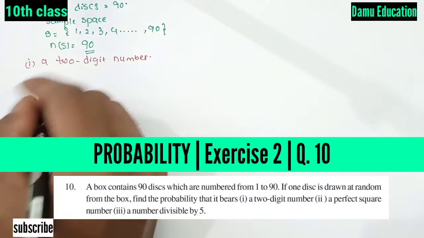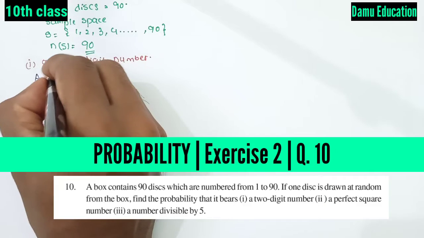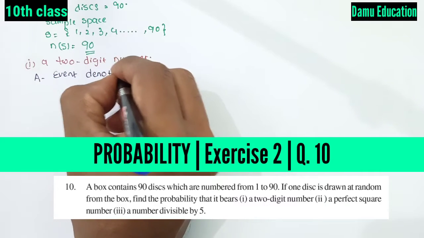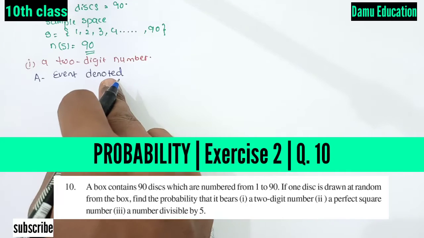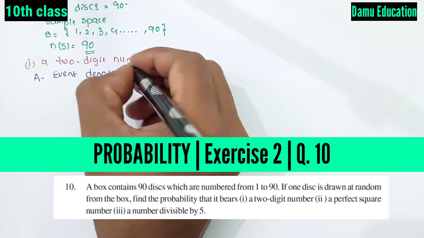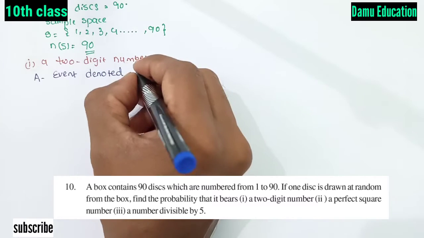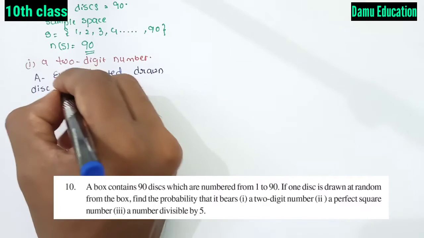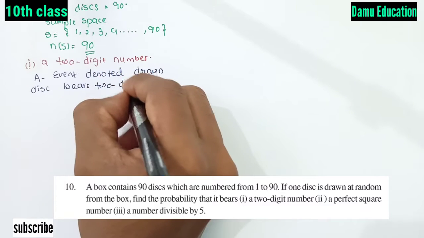Let A be the event that the drawn disc bears a two-digit number. So what they are asking here is the probability that the drawn disc bears a two-digit number.